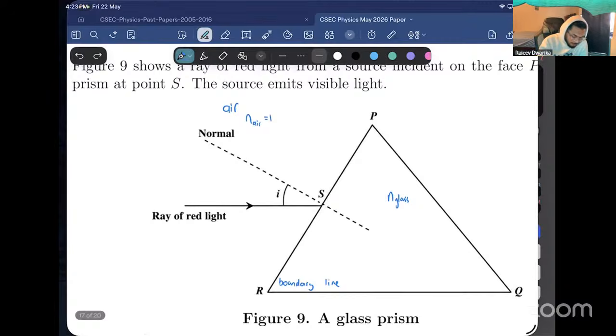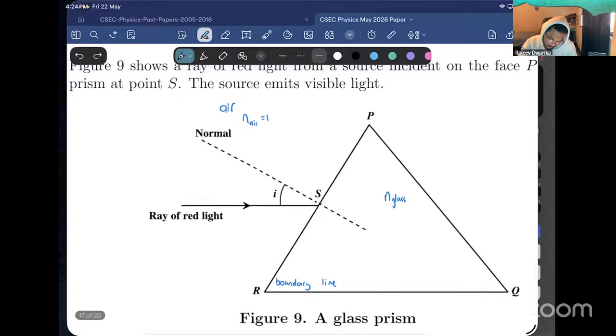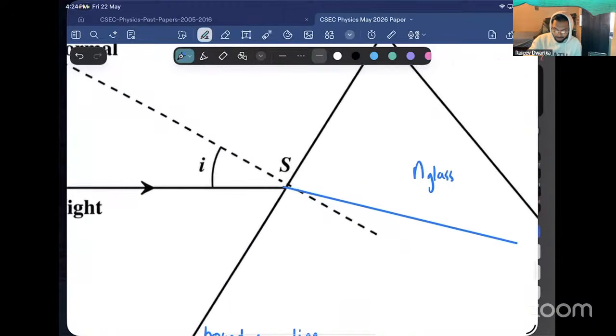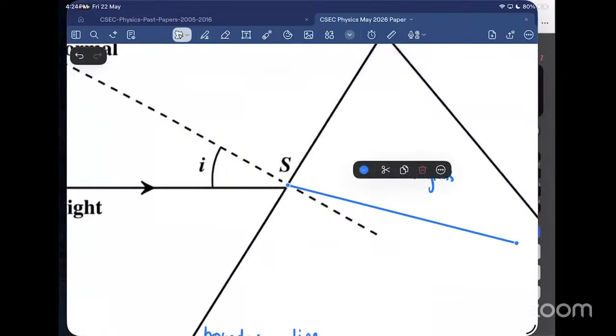If it were to go straight through, it would look like this. But since it's going from a less dense to a more dense medium, it's going to bend towards the normal because it slows down.